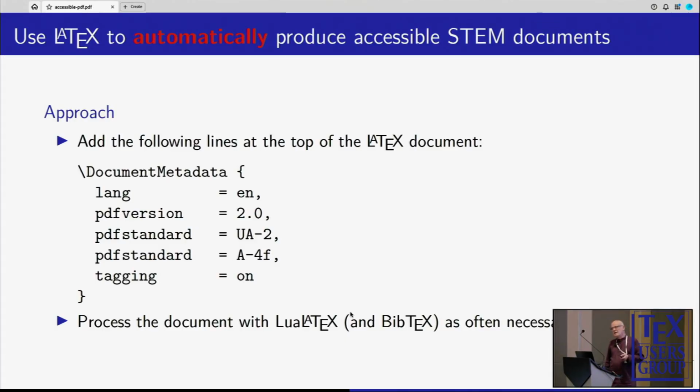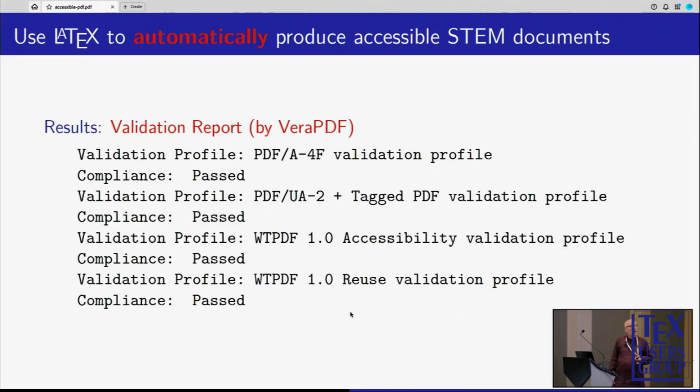And we did this and then processed the document with LuaLaTeX and BibTeX, of course, because there were some references in there using BibTeX, as often as you have to do in LaTeX, so that our cross-references are resolved. And then the result on the veraPDF tool for validation gave us this. Everything green.